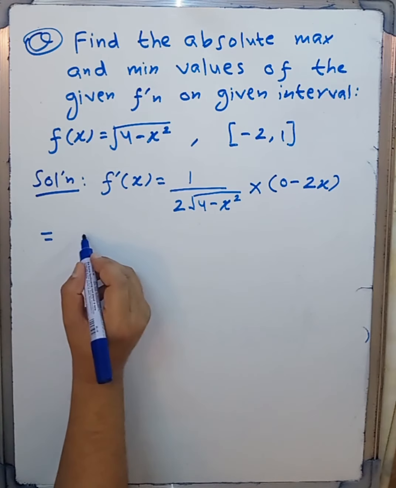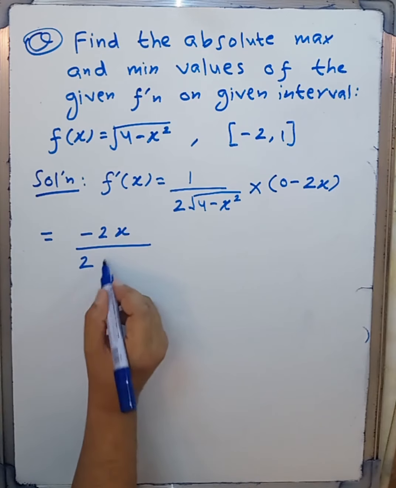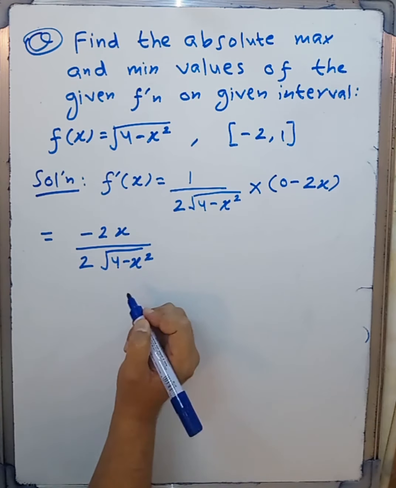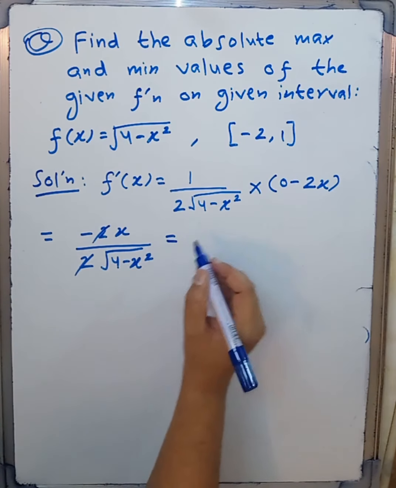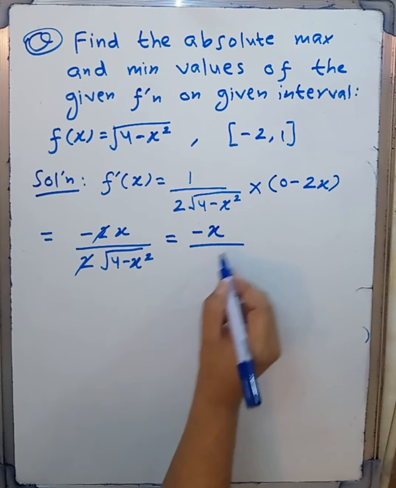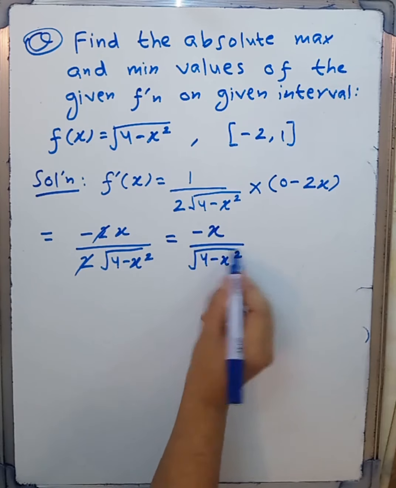This will be equal to minus 2x over 2 square root 4 minus x square. 2 cancels with 2. Therefore, f prime x is equal to minus x over square root 4 minus x square.